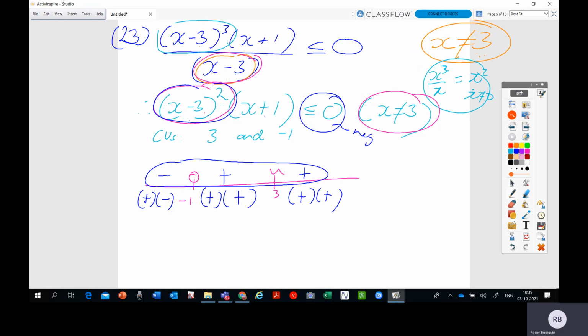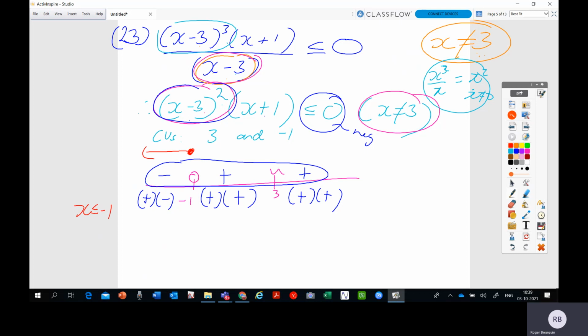Well, I get negative answers over here, and they can be naught, so I can include negative 1, and it's to the left. That's the only region where you get negative answers. So that's not that interesting, actually. Your answer is just x less than or equal to negative 1.